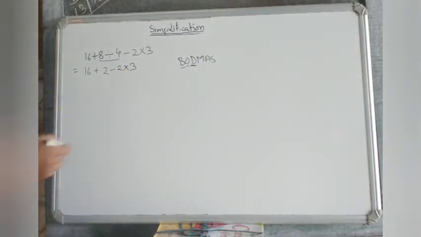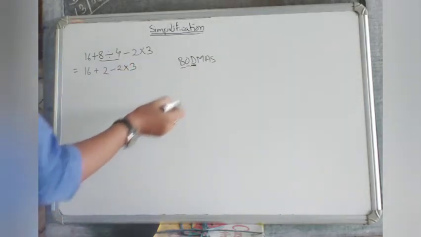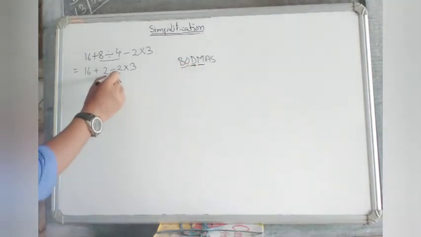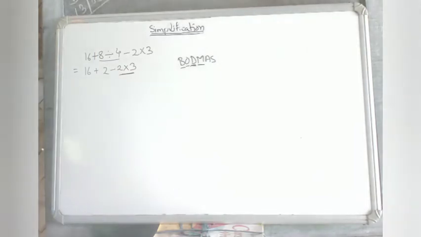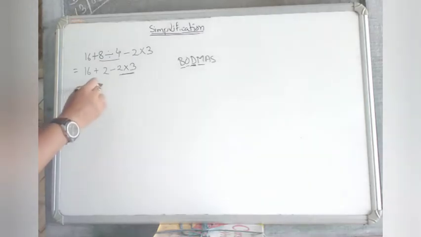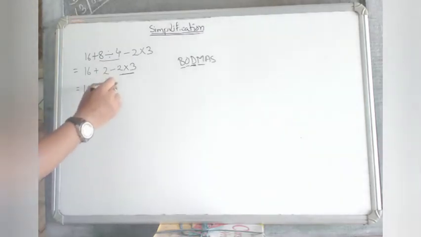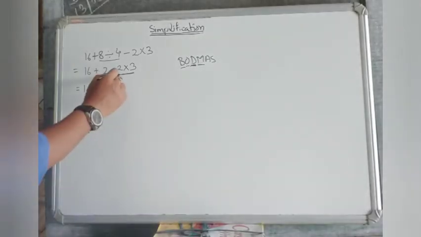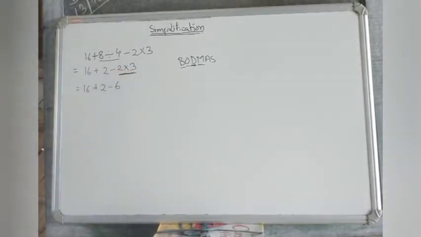Now after this divide we have done, then we have to go for multiplication. Now which one we have multiplication? Between 2 and 3 we have multiplication. So 16 plus 2 minus 6, because 2 times 3 is 6.